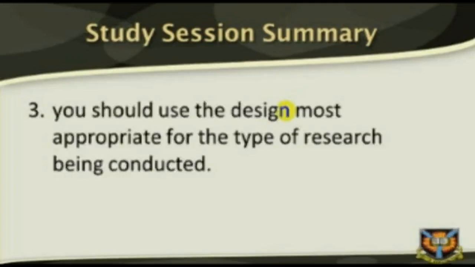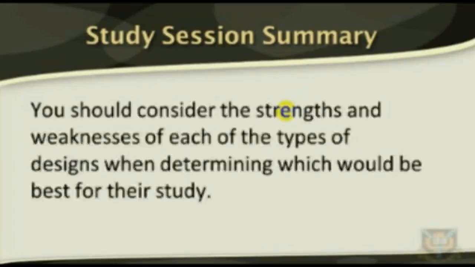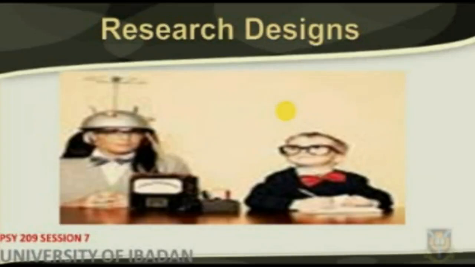Lastly, you should use the design most appropriate for the type of research being conducted. You should consider the strengths and weaknesses of each of the types of designs when determining which will be the best for their study. With this, we come to the end of study session 7.